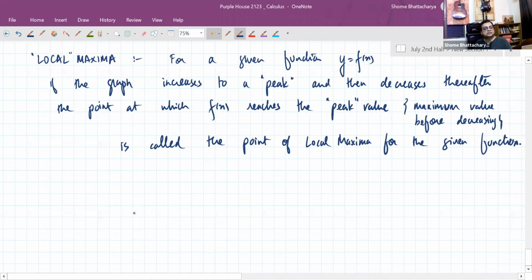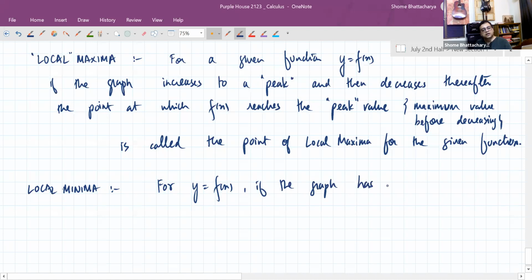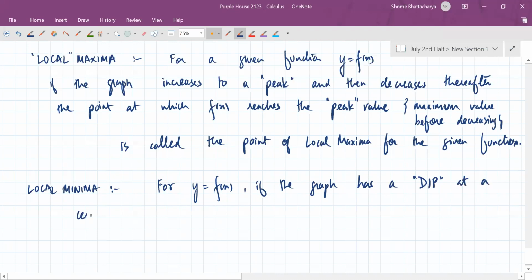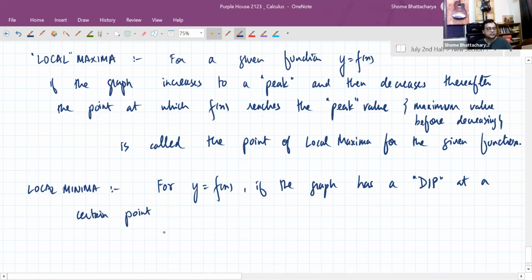And similarly, we have local minima. So the definition of this is that again for any given function y equal to f(x), if the graph has a dip at a certain point. So what is written after maximum value, before? Decreasing. Okay.